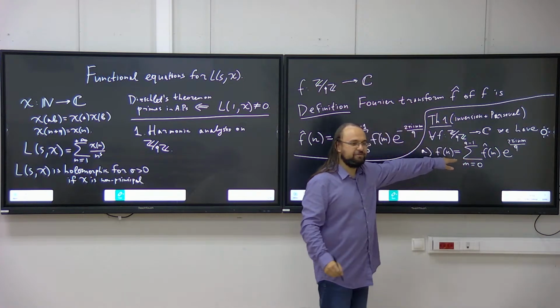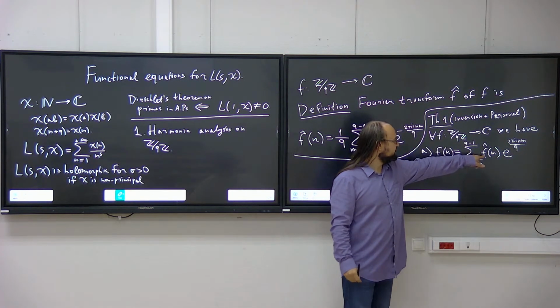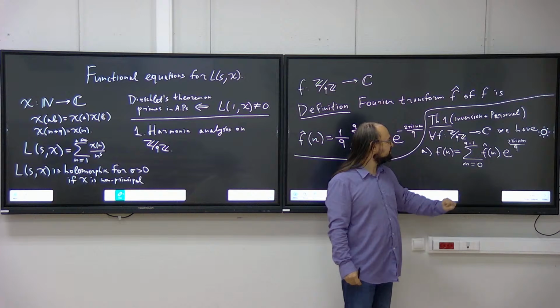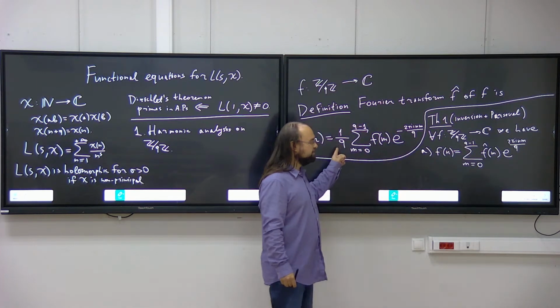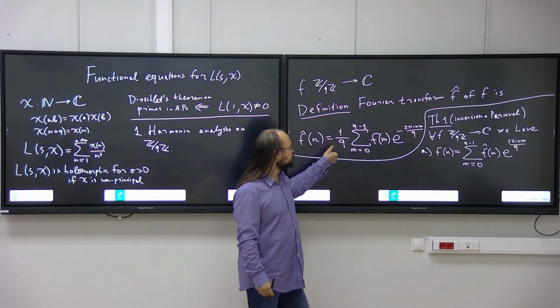So it's the same formula, but you have the Fourier transform inside the sum, you have plus in the exponent, and you have no factor outside.